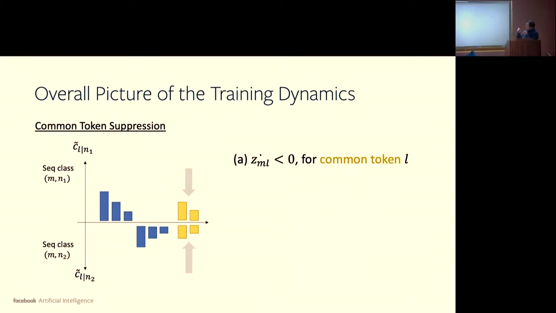So Z becomes smaller and smaller because the time derivative of Z is smaller than 0. Over time, this becomes smaller and smaller. This is true for common tokens, the tokens that appear in multiple sequence classes.